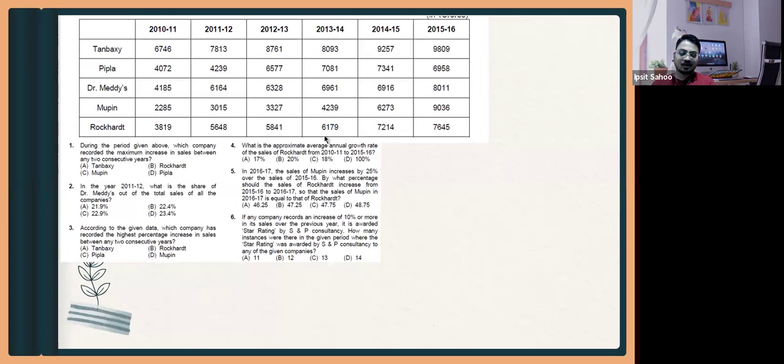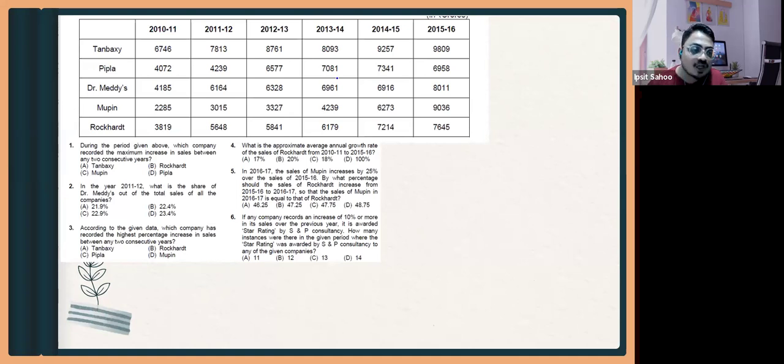Are you trying this, yes or no? Okay. So those who are trying to do all of the calculation, it is not required to calculate all of this.